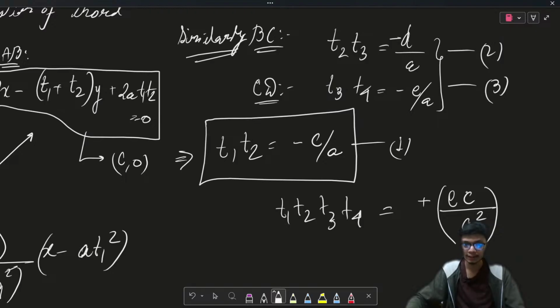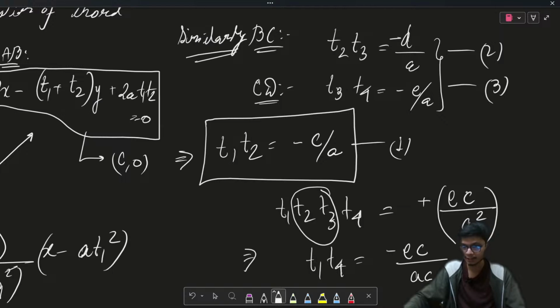Now we know that t2 t3 can be given as minus of d upon a. So if I put it over here, then I will get t1 t4 as minus of ec upon ad.